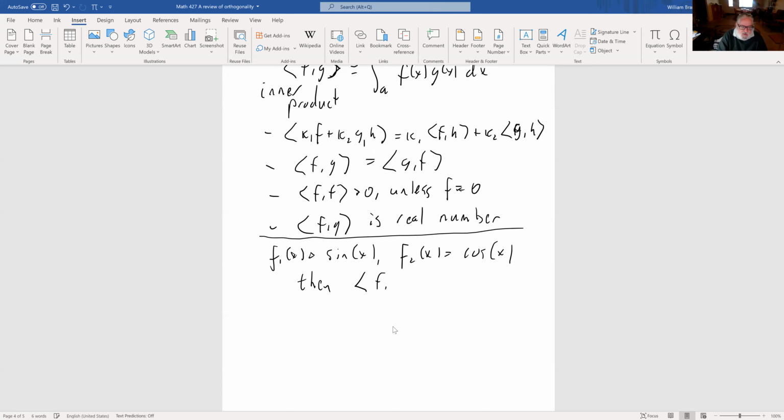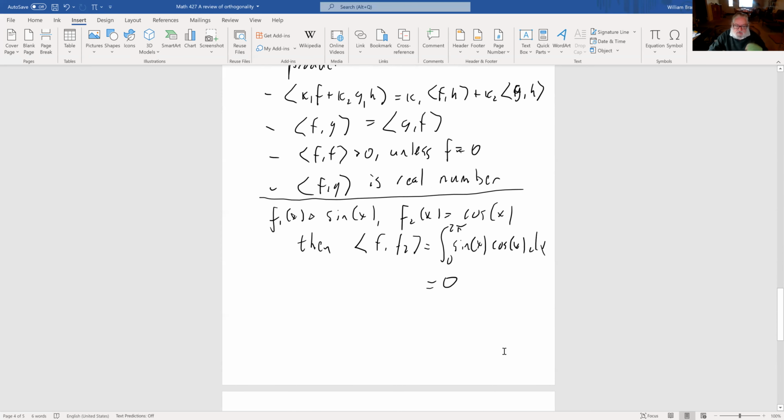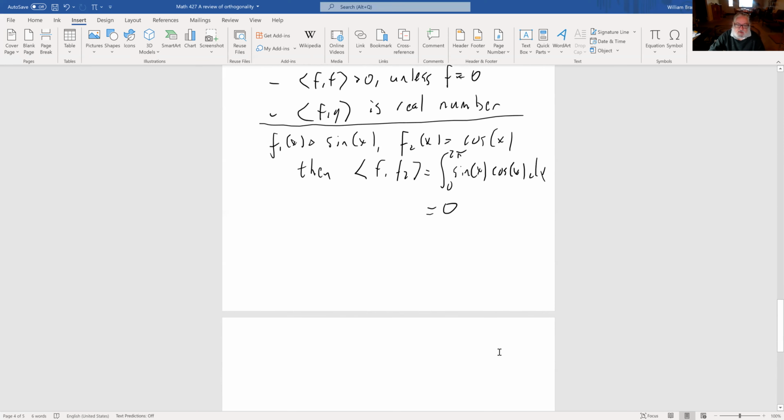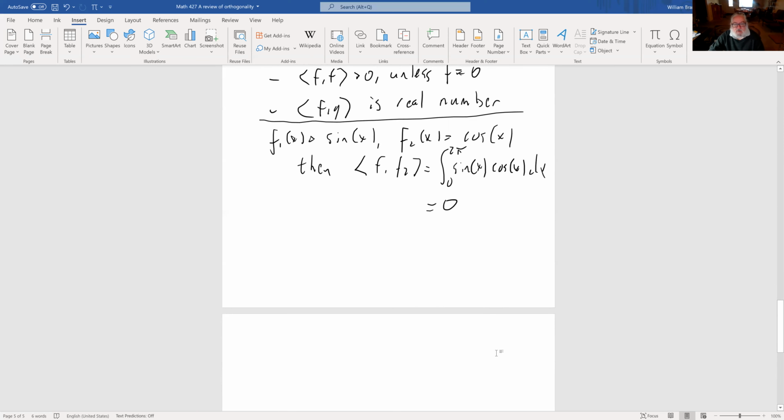Then we can define the inner product of f1 and f2 as the integral from, say, 0 to 2 pi, which would be a good interval to take, of sine x cosine x dx, and that equals 0. Note that this inner product depends on the interval. If I had taken this from 0 to 3, for example, these wouldn't be orthogonal. But on the domain 0 to 2 pi, sine and cosine are orthogonal. And so sine and cosine act like perpendicular vectors did in our previous example.